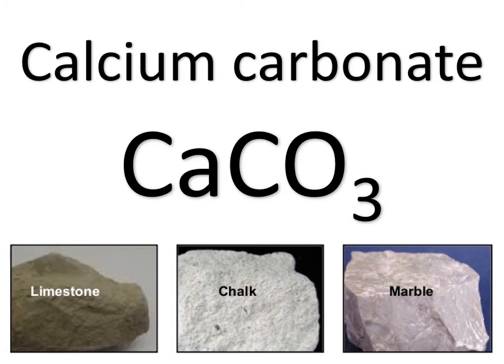For instance, the molecule calcium carbonate, CaCO3, is a white compound occurring naturally as chalk, limestone and marble. Calcium carbonate is made up of one calcium atom, one carbon atom, and 3 oxygen atoms bonded together.